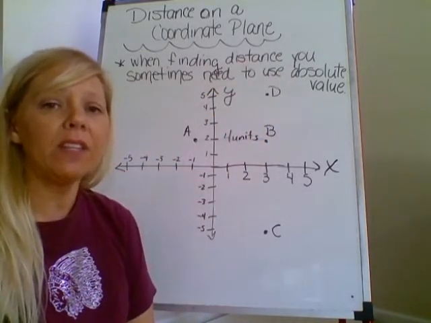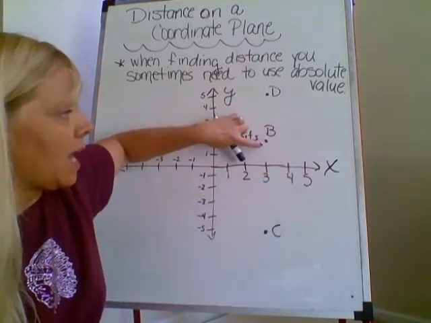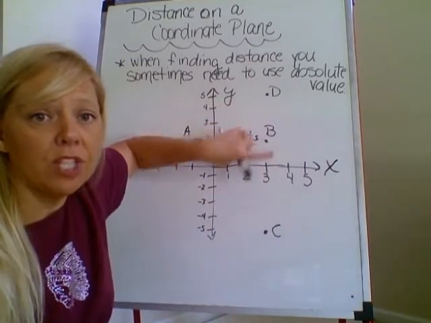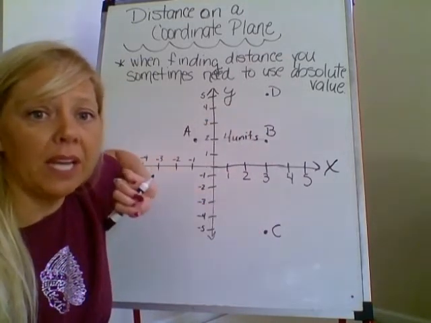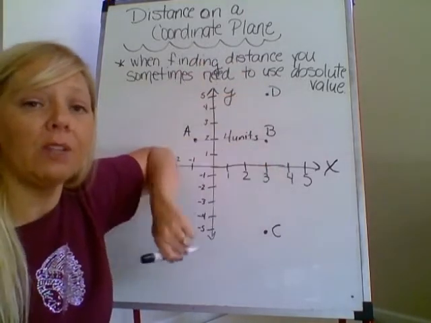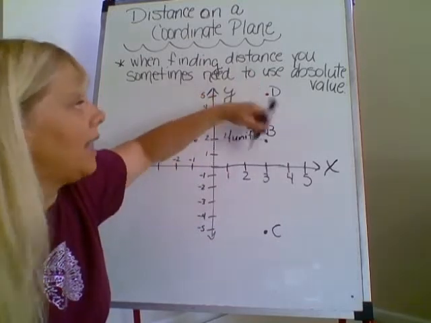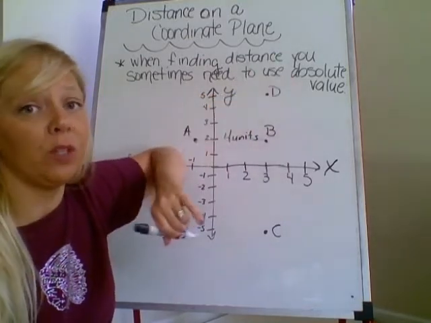Okay, if I wanted to find the distance between B and C, again, B is at +3, +2, and C is at +3, -5. So if I wanted to go from B to C, I would just count how many spaces away it is from each other. And again, in this one, I would need to use absolute value.